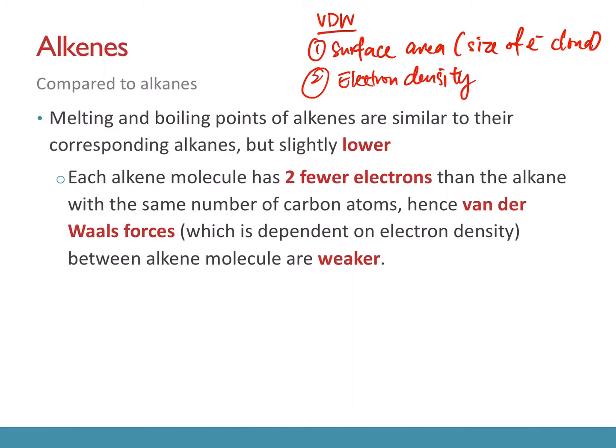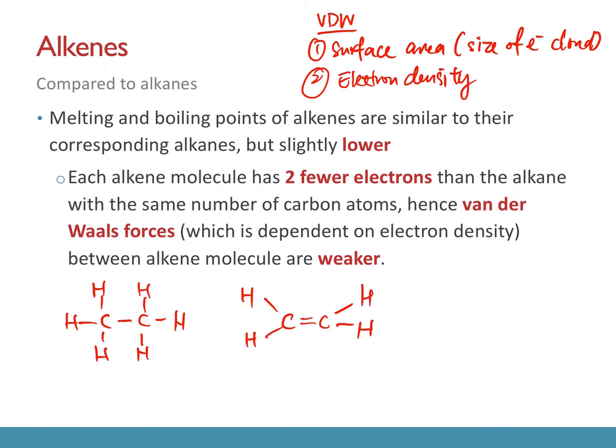Each alkene molecule has 2 fewer electrons than the alkane with the same number of carbon atoms. Let's compare ethane as well as ethene, and calculate how many electrons each of these molecules possesses. Remember that one line represents 2 electrons.